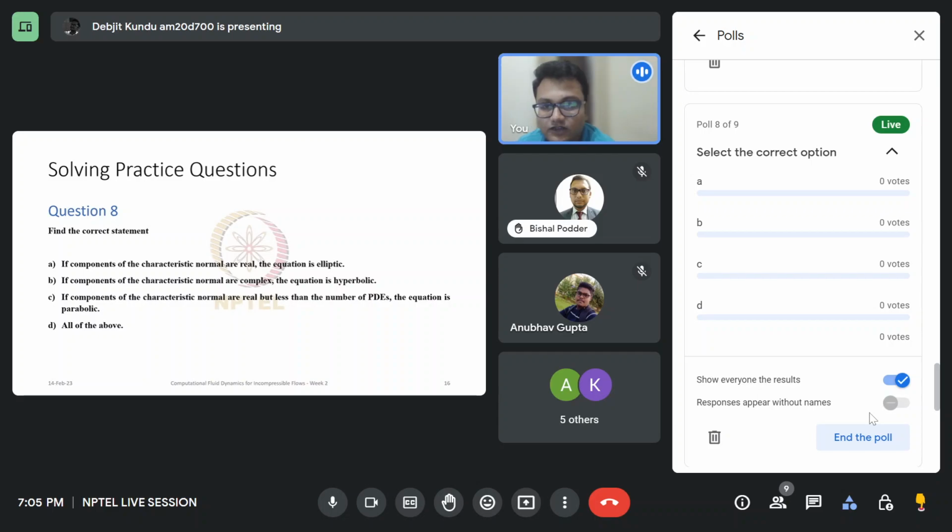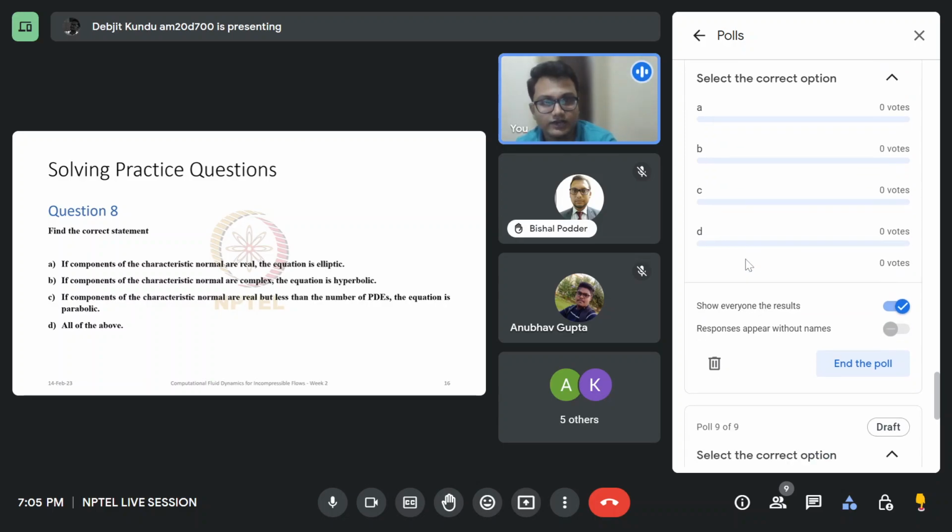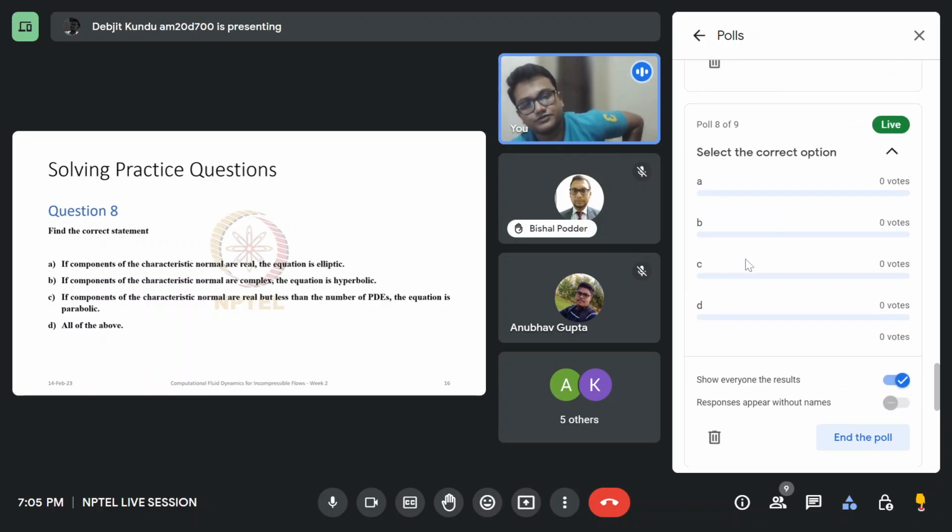Option B, if the components of the characteristic normal are complex, then the equation is hyperbolic. Option C says, if components of the characteristic normal are real but less than the number of PDEs, the equation is parabolic. Or is it D, all of the above? The poll is live. Once you have figured out the correct option, you can put in your response over there.